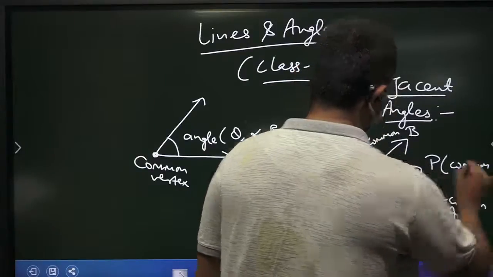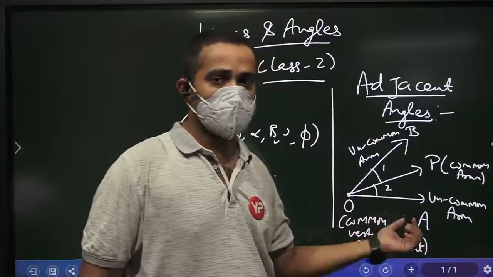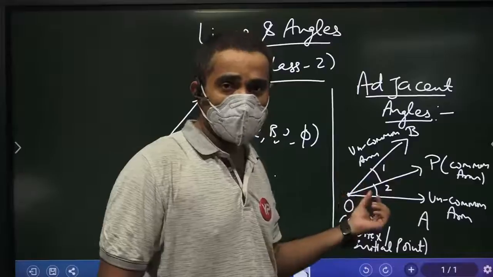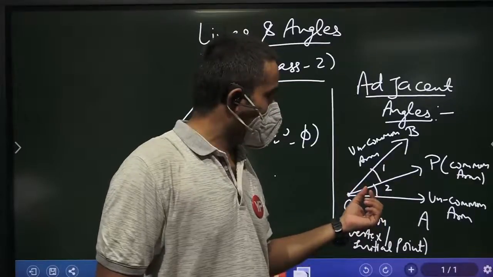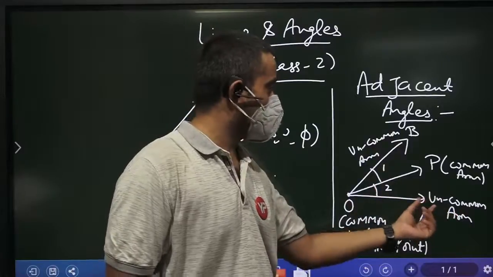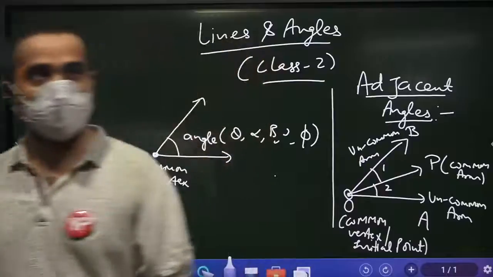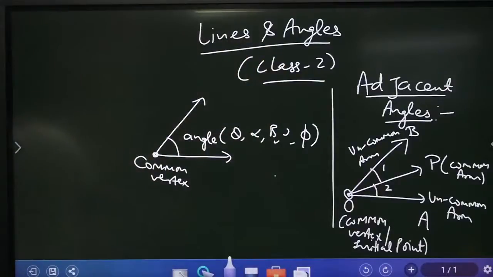So if we want to check adjacent angles, it should have a common vertex and common initial point, and there will be two uncommon arms, that is OA and OB, and one common arm. Yes or no, students?